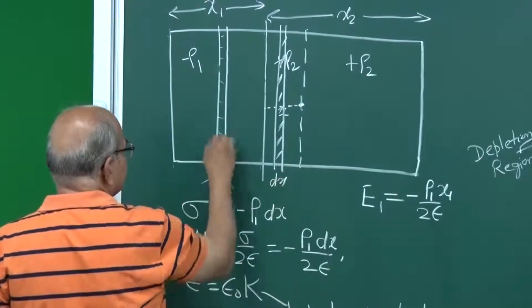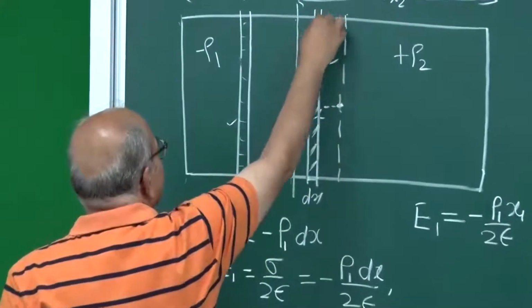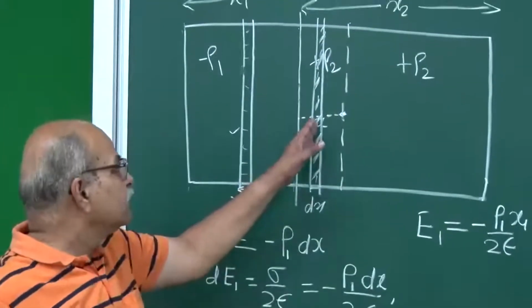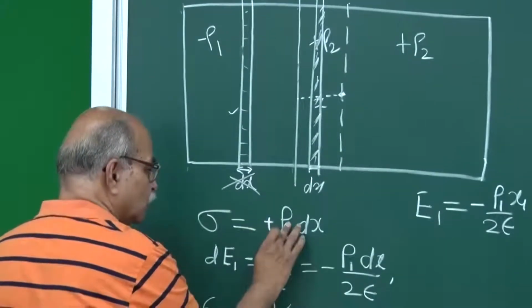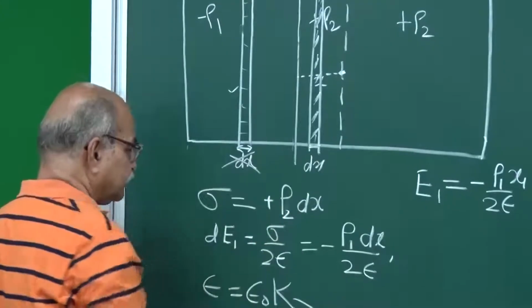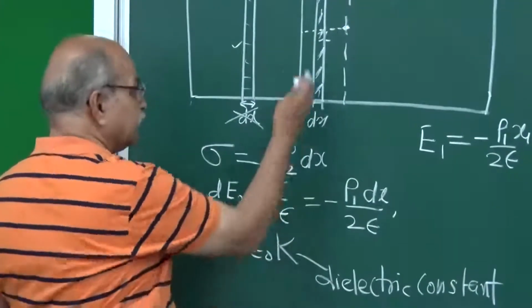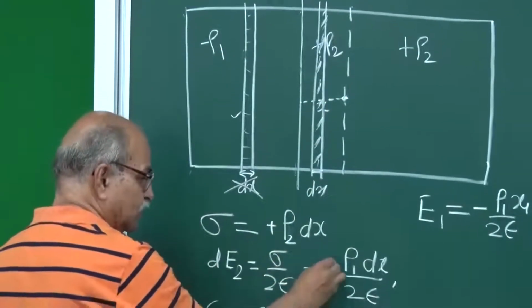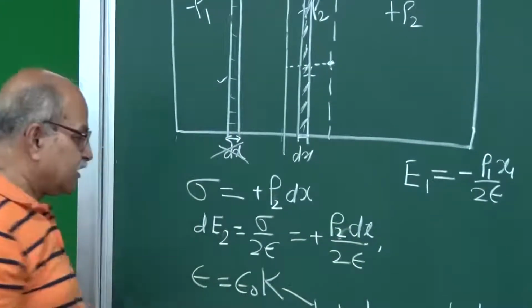This part is now over. So for this dx, once again you can treat this as a surface charge layer of surface charge density plus rho 2 dx, and dE2 will be, again, sigma over 2 epsilon, so plus rho 2 dx over 2 epsilon.